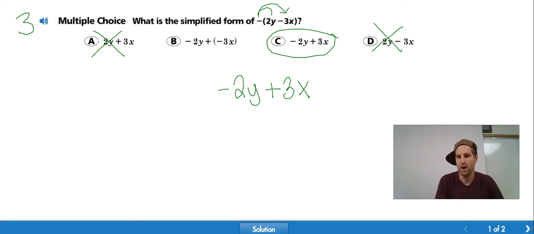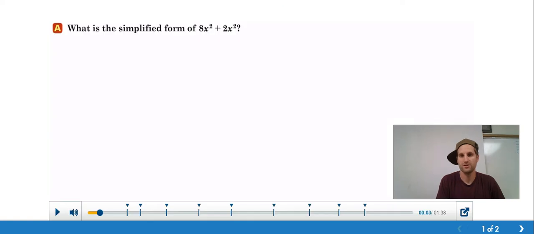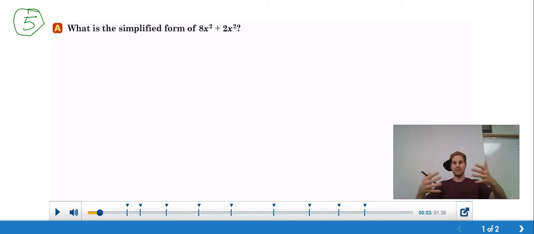One more example, but there are 2 parts. We'll call this 5a. What is the simplified form of 8x squared plus 2x squared? We are not using the distributive property here. We are going to combine these terms.